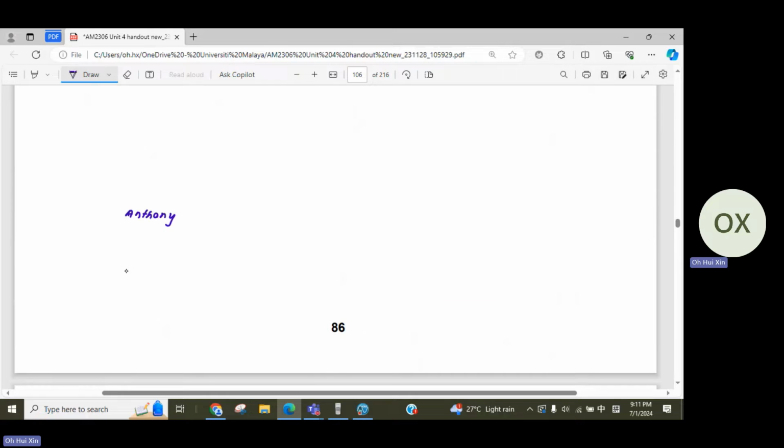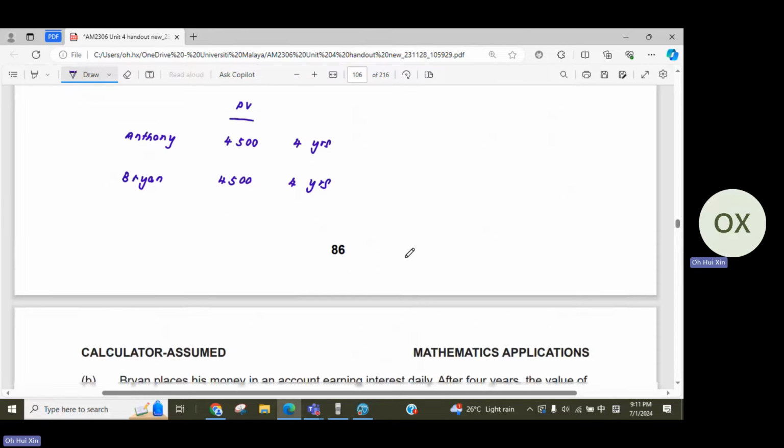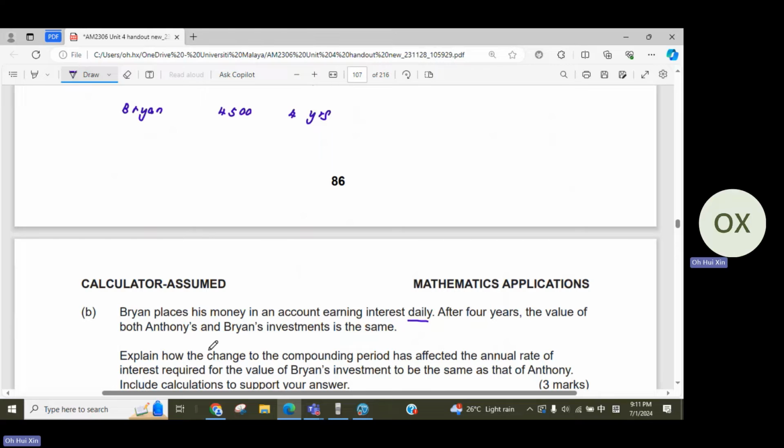Okay, so for both Anthony and Brian, they both start with 4,500. This is their present value. Then they keep it for 4 years, both the same. But the question said that now Brian's account earns interest daily.